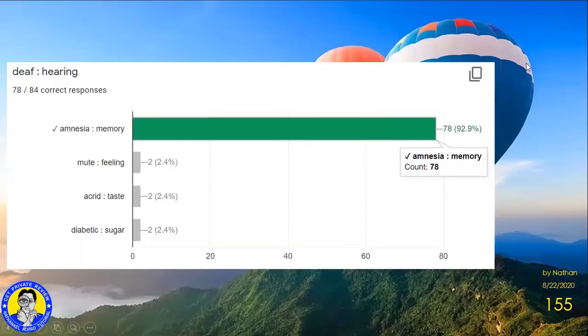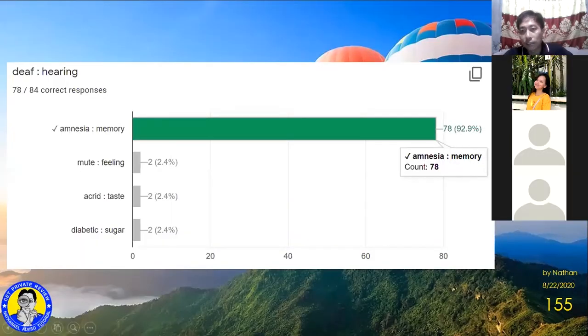But sometimes they will not make the analogy very easy. Like this one, deaf, hearing. Although many answered correctly, amnesia, memory, others made a mistake, like mute, feeling. There's no connection.